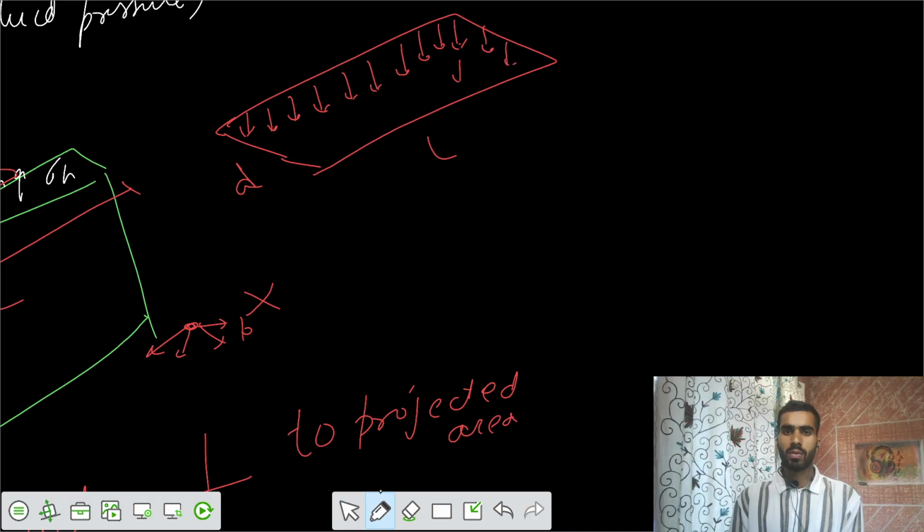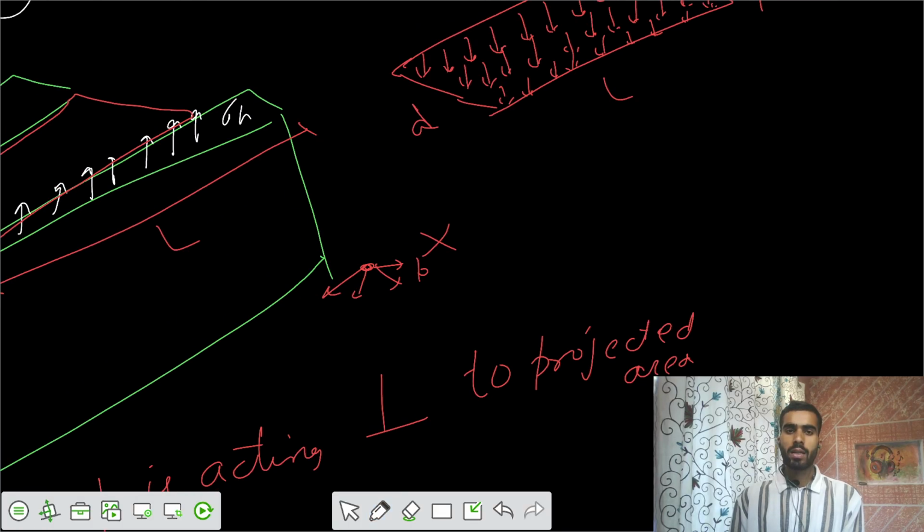This is the assumption for the calculation of hoop stress. Keep in mind that for hoop stress calculation, we take P perpendicular to the projected area.